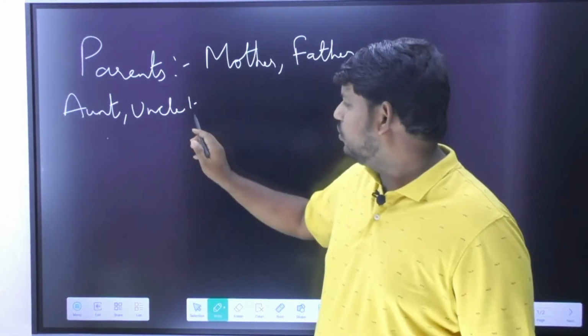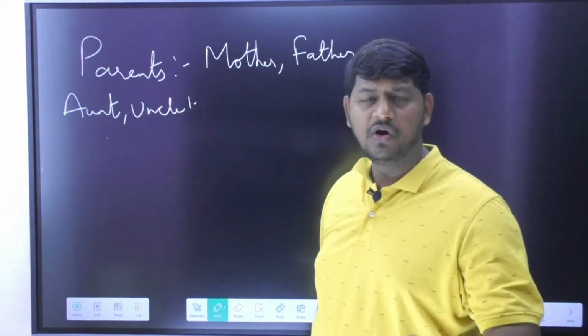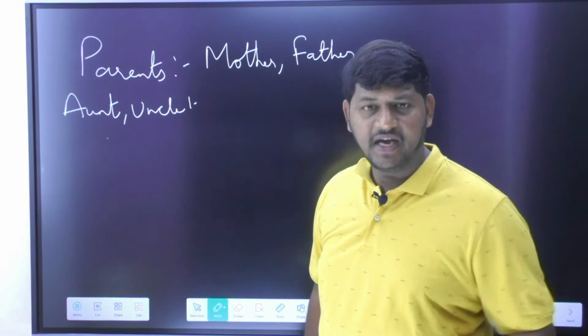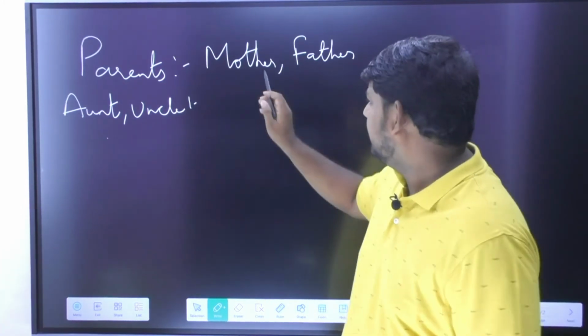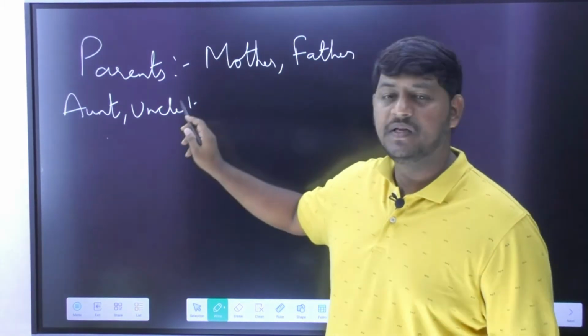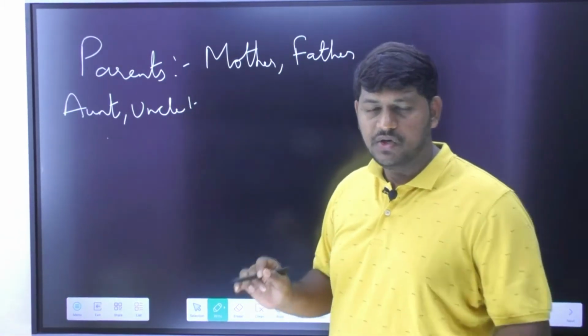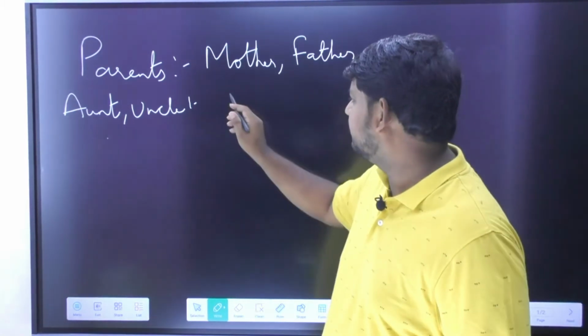Right, now whom do we call uncle? It is your mother's brother. Do not worry in this entire topic about whether the person is the elder one or the younger one. Your mother's brother is your uncle and your father's brother is also your uncle. So how do we represent this information? How do you remember this information?